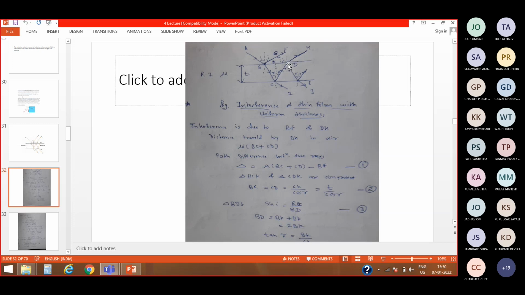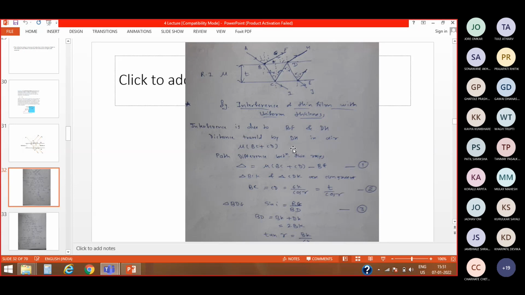So I will put a line from point D to BF, and I get the point G here. So I write this as delta is equal to mu into BC plus CD minus BG. Okay, this is your equation number 1.